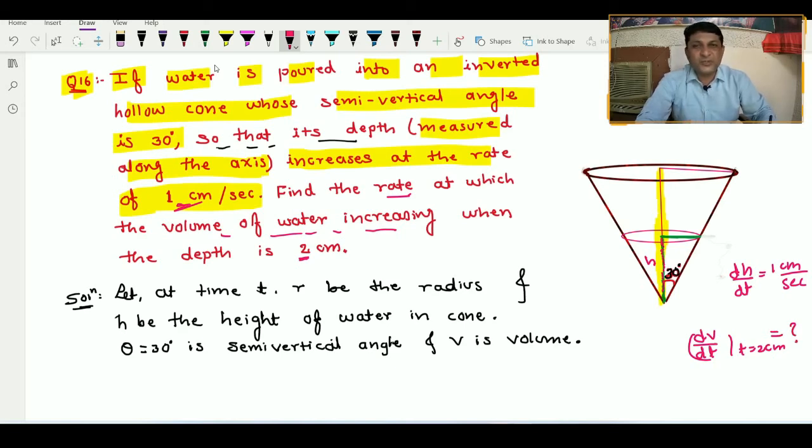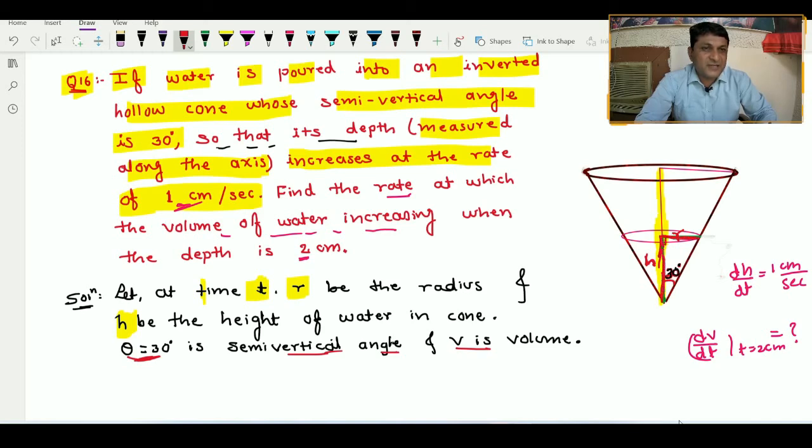So let us make use of the given condition here. See what our supposition is. We are supposing that at any time t, r be the radius and h be the height. So this r is the radius and this h is the height, and theta is equal to 30 degrees, the semi-vertical angle, and v is the volume. Here theta is given to us. Can I say that this triangle is a right angle triangle?